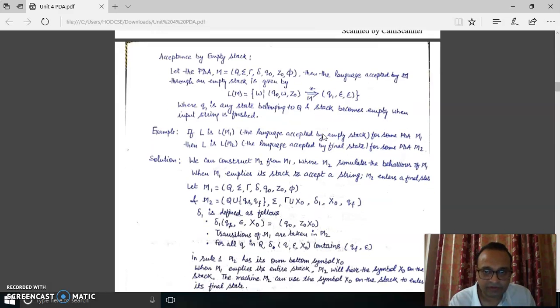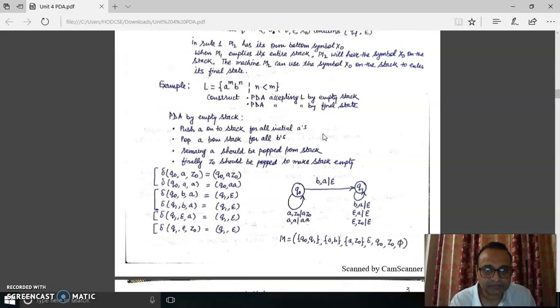It means the stack initial symbol has also been popped. So the stack is now empty, and it also represents that the string has been accepted by the PDA.